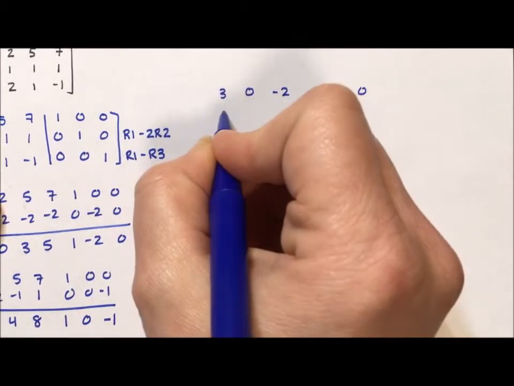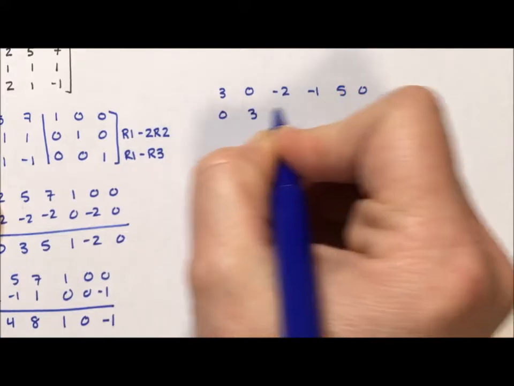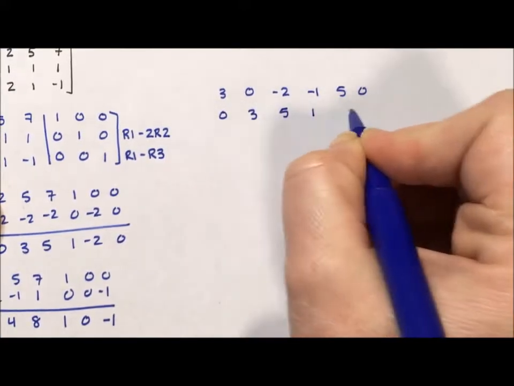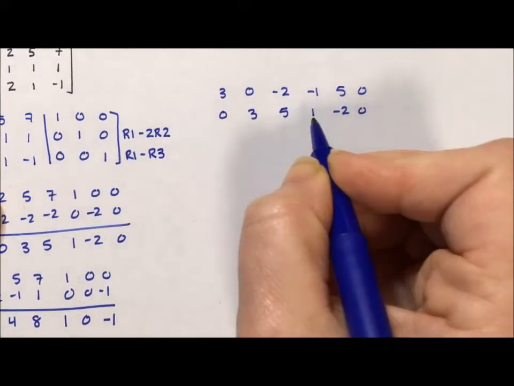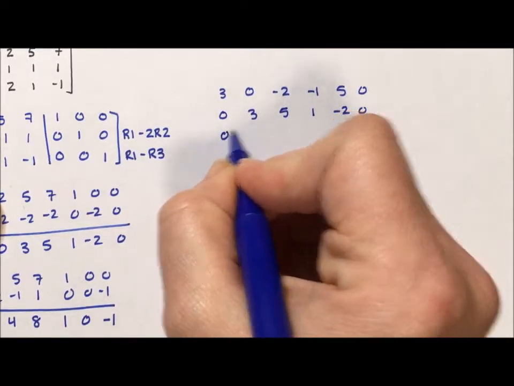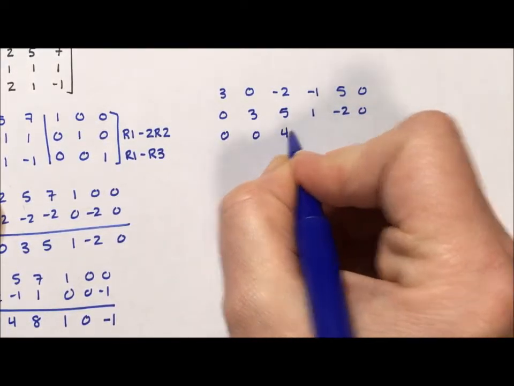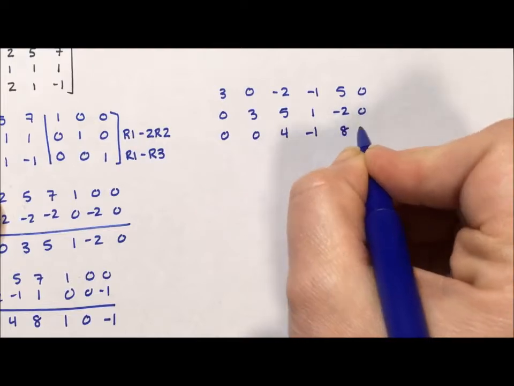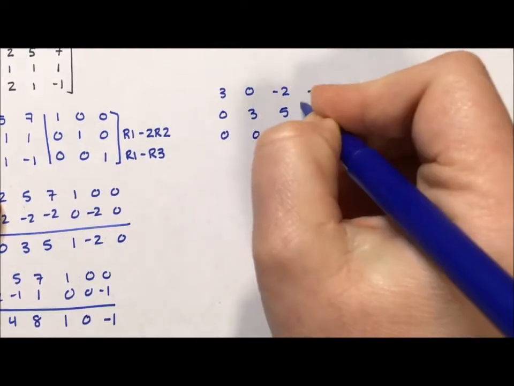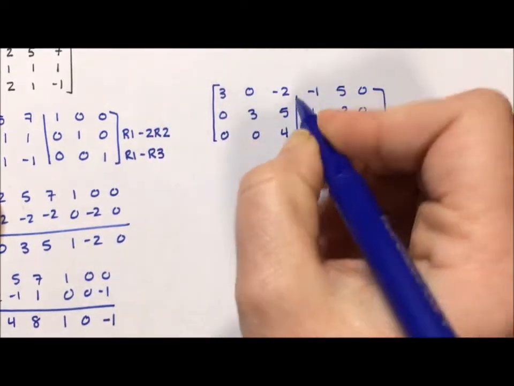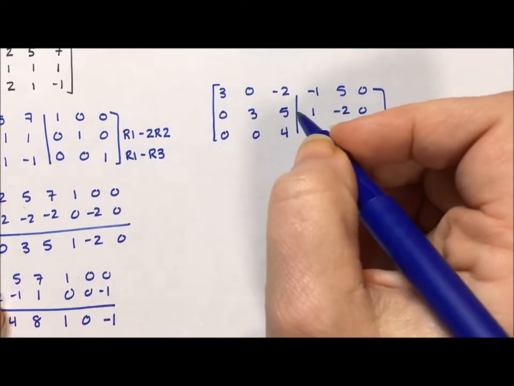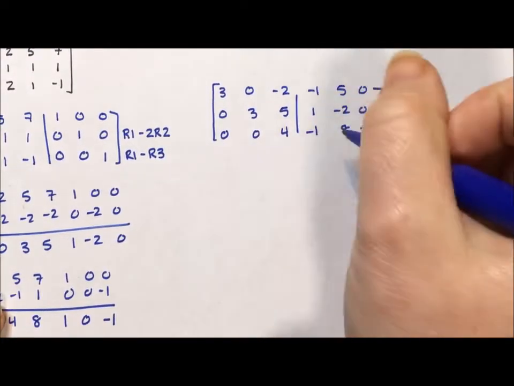My second row I didn't change, 0, 3, 5, 1, negative 2, 0. And my third row, 0, 0, 4, negative 1, 8, negative 3. Okay, so now all I need to do is pivot on my final 4.